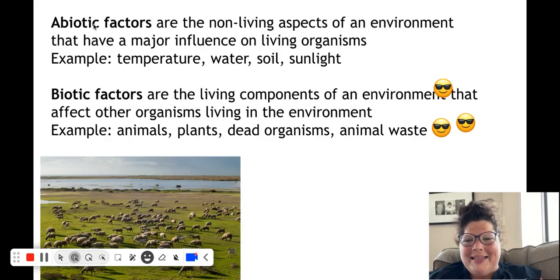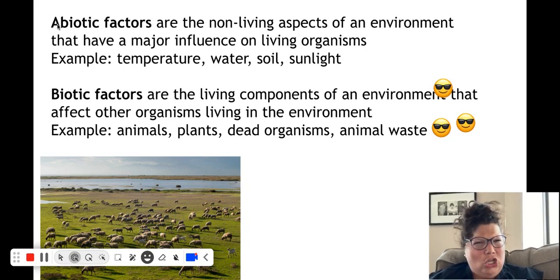These are two massive keywords that we need to know here. Abiotic and biotic factors. Every single biome on this planet is due to different abiotic or biotic factors. Abiotic, A meaning like a non. Abiotic would be the non-living factors that have a major influence on the living organisms.